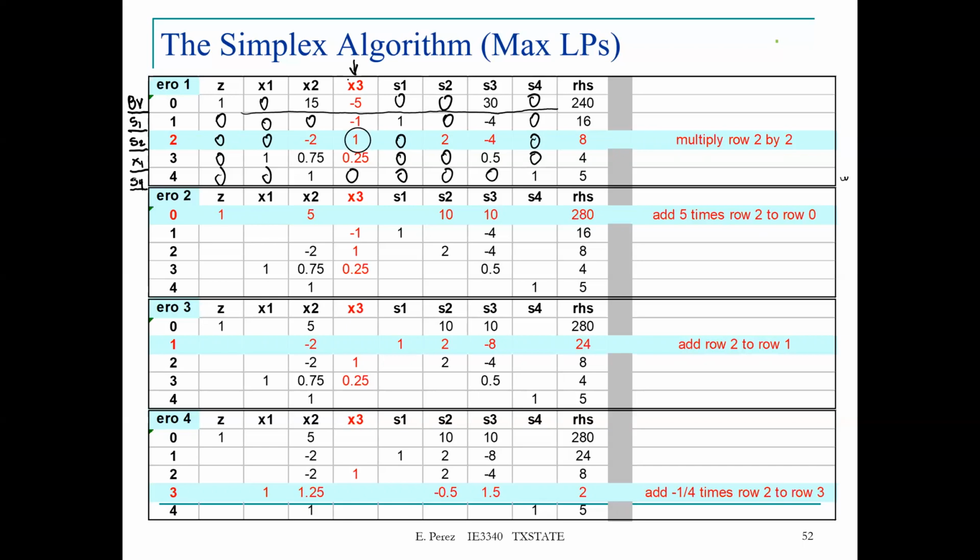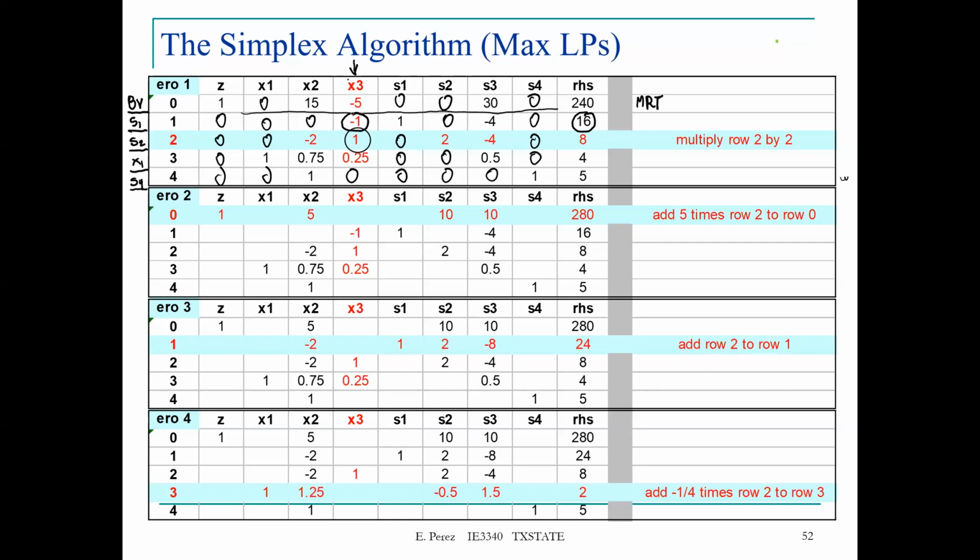In order to determine who's going to leave, I perform the minimum ratio test, which is performed by looking at the right-hand side and dividing it by the coefficient of x3.